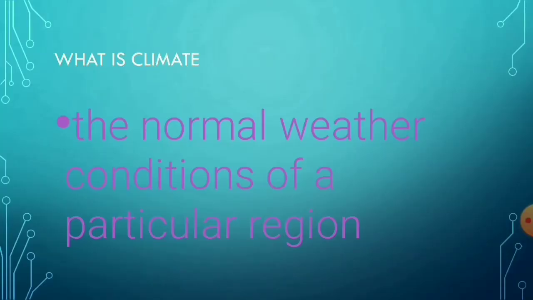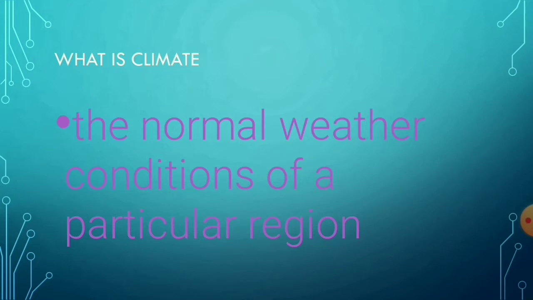Friends, do you know what climate is? Yes, the normal weather conditions of a particular region. The normal weather conditions of a particular region means, friends, the normal weather conditions like rain, wind, or snow.